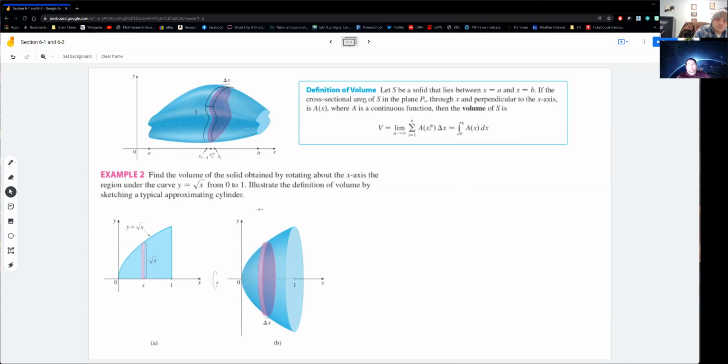So the volume formula is just the integral from a to b of the area of the slice. So it's actually pretty simple to find using integration.